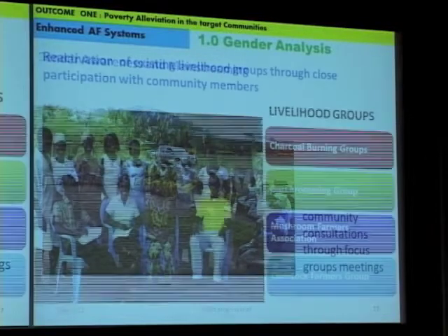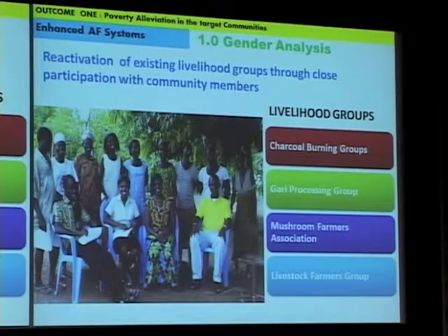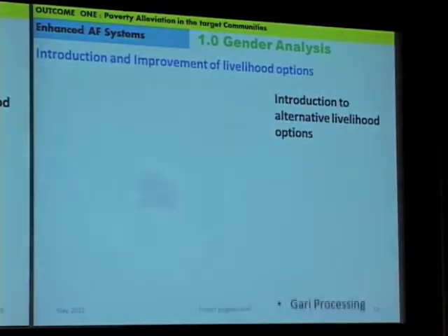And that is a good sign. There are also groups that have been formed out of the gender analysis: charcoal group farmers, also gari processing farmers, mushroom association farmers, then the livestock farmers.